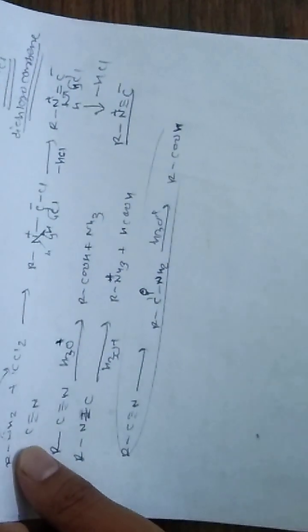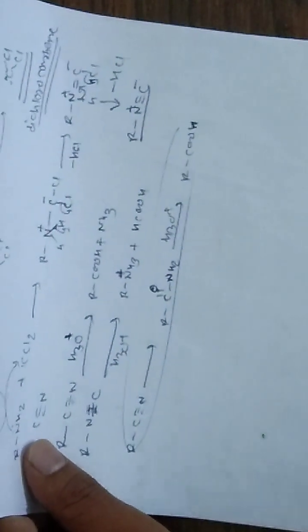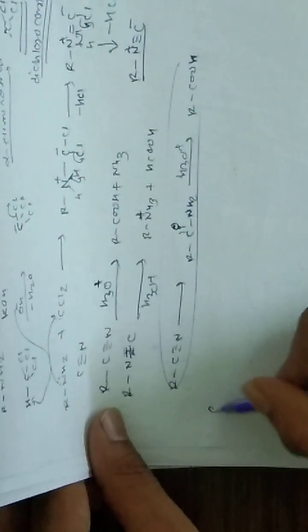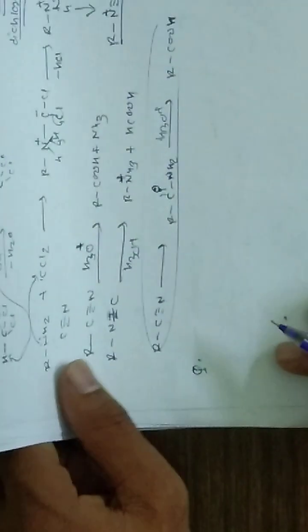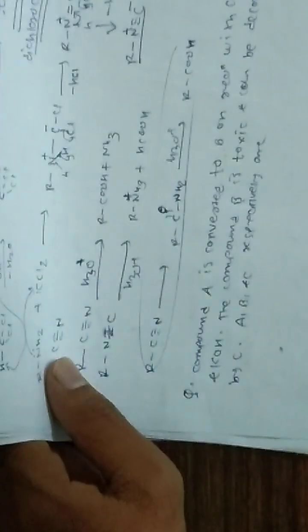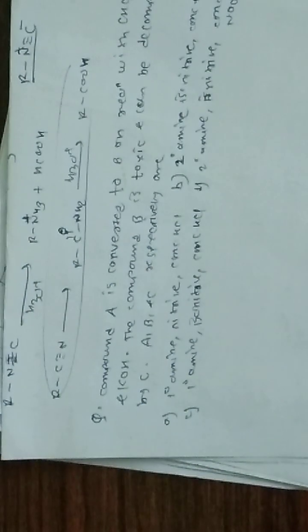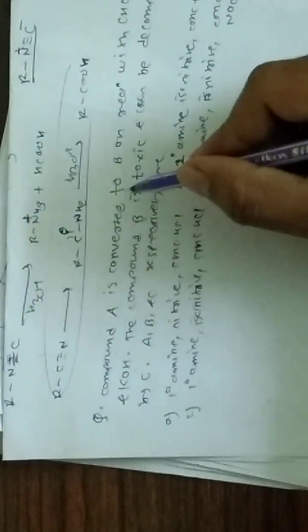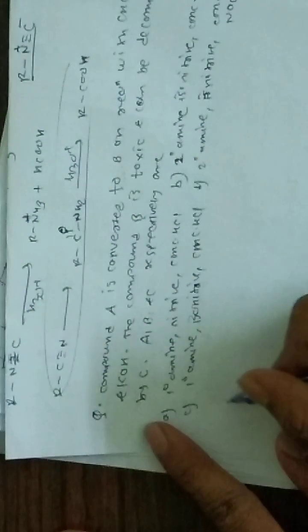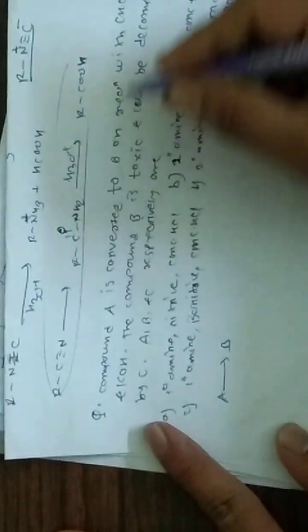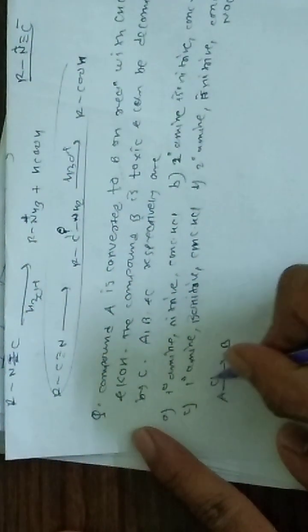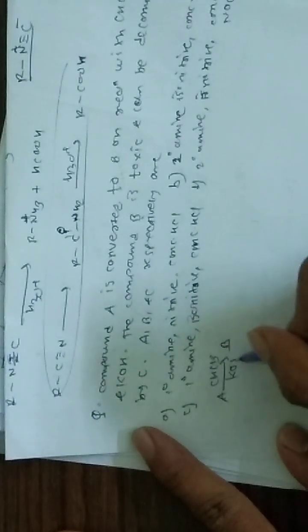Now one previous year question was asked depending on that reaction in JEE 2021. The question is that compound A is converted to B on reaction with CHCl3 and KOH.